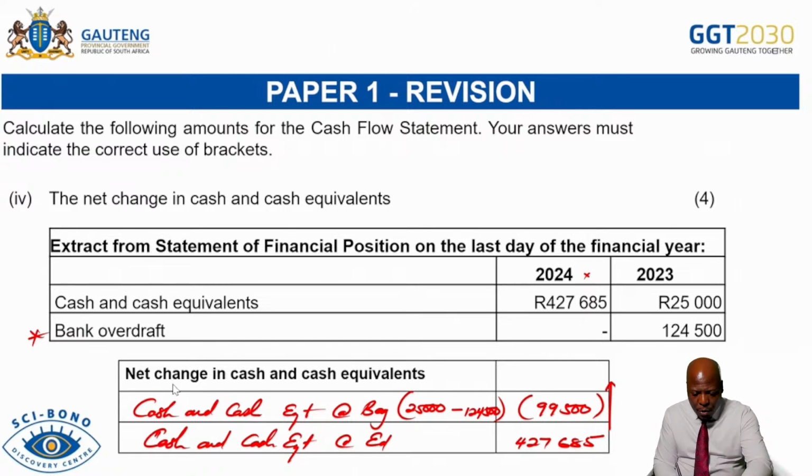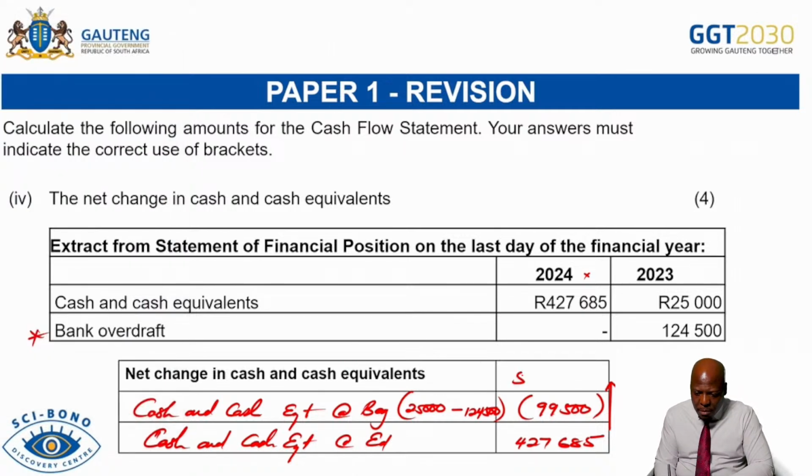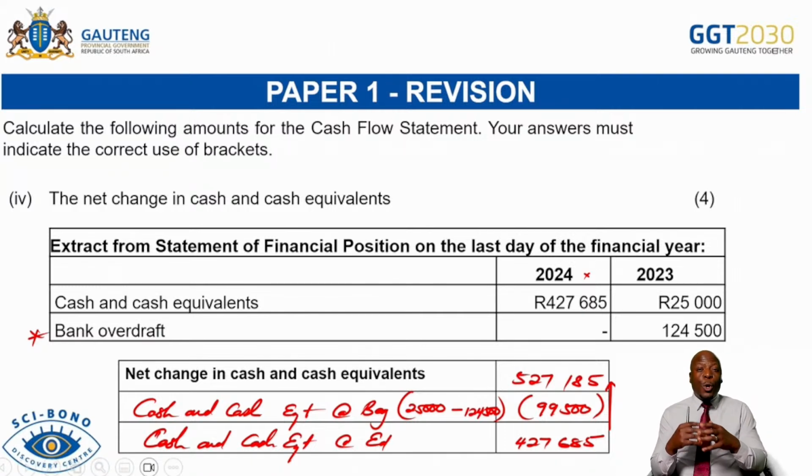So I'll begin with 427,685, and then the 99.5, which is a negative, I'm not going to subtract that. I'm going to add it, because I've reversed the signs. Plus 99.5 is now going to give me 527,185.